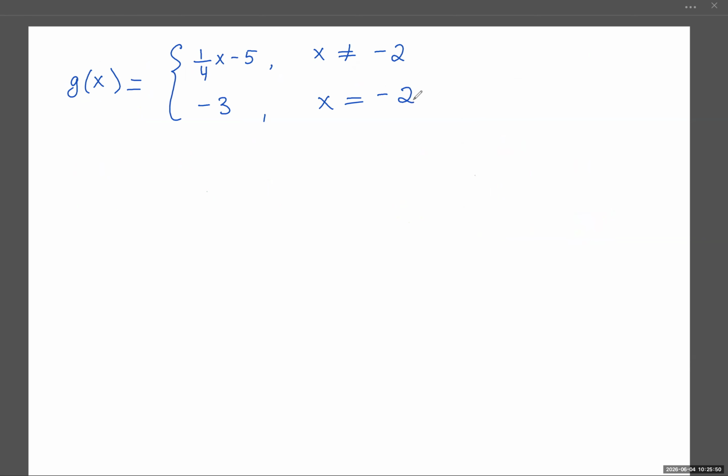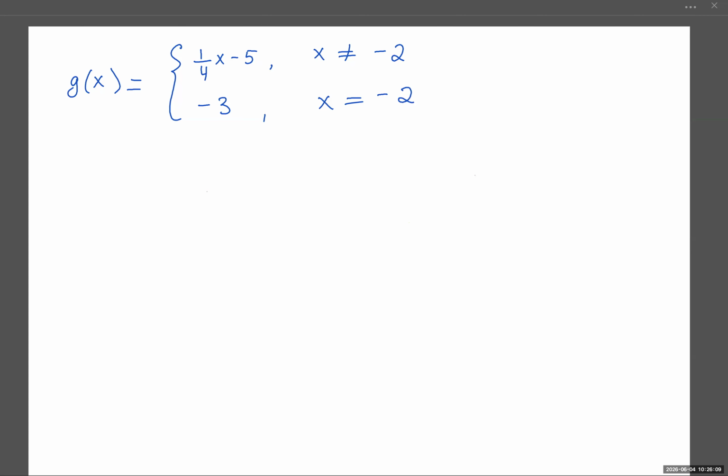So really no number line needed on this one because we just have two scenarios. For all x's that are not negative 2, we're going to use the first function. For all x's that are negative 2, or just one x that is negative 2, the function will have a constant value of negative 3.